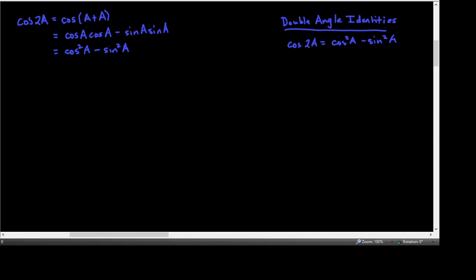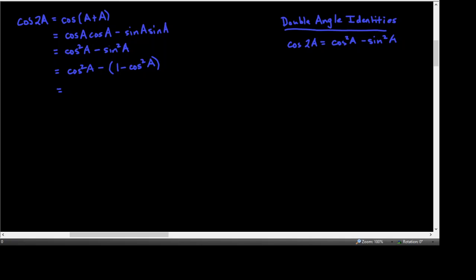Now, because of the Pythagorean identity, alternative form, if I wanted to, couldn't I replace sine squared A with, notice the parentheses, 1 minus cosine squared A? Isn't that valid? And so what I'm doing is I'm able to write this in terms of only cosine.